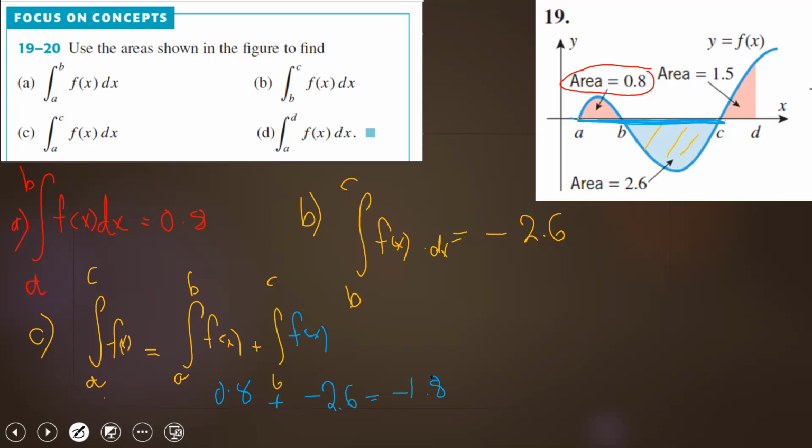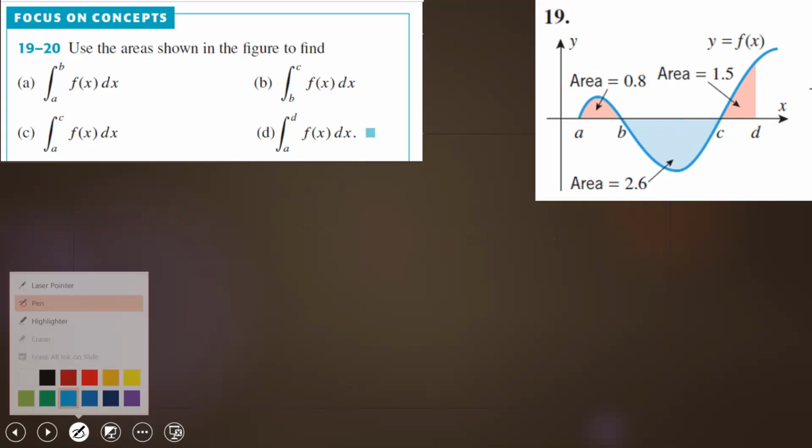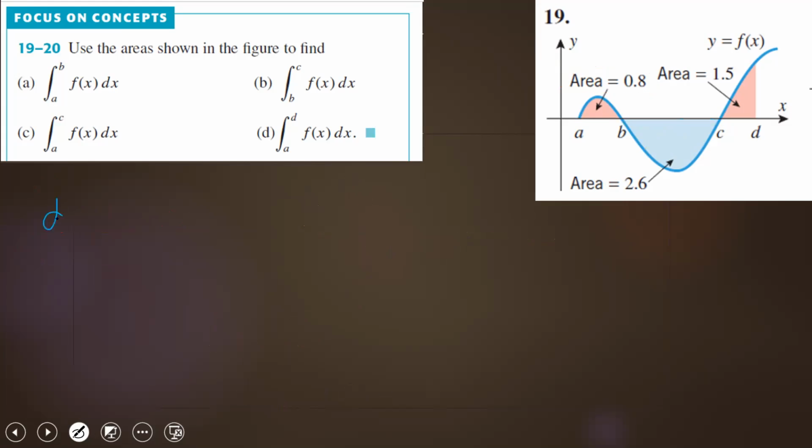Yes, teacher. Let's now see D. In D here, I want you to find the integrated area from A to D for f of x dx. From A to D, how many shaded areas do we have?